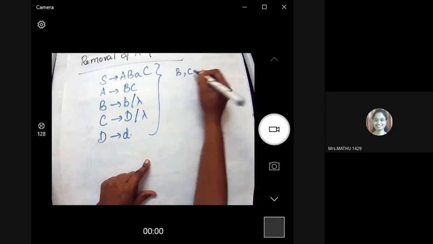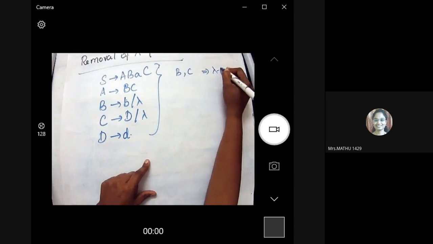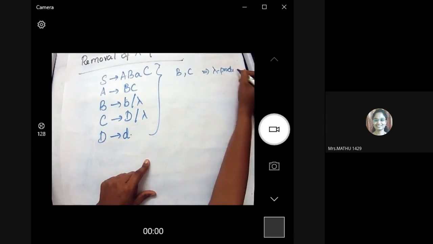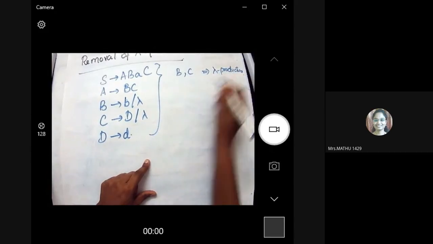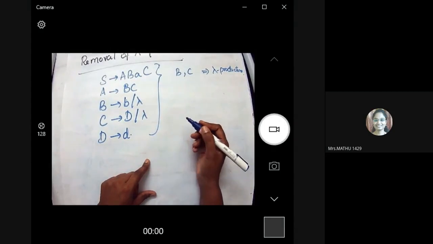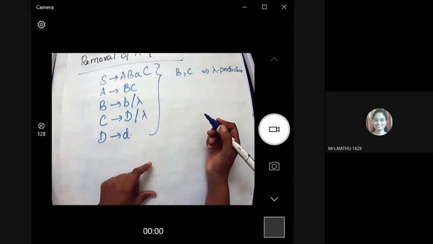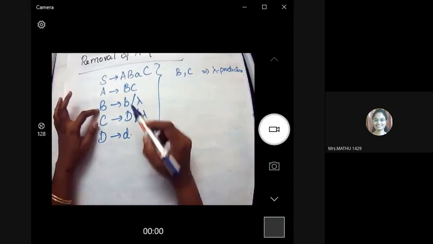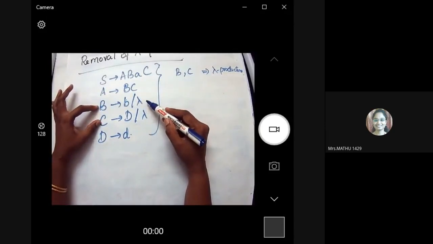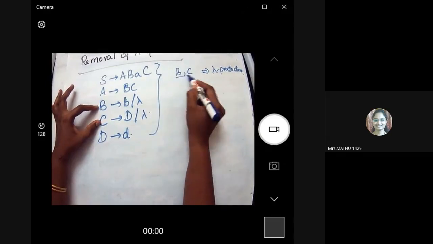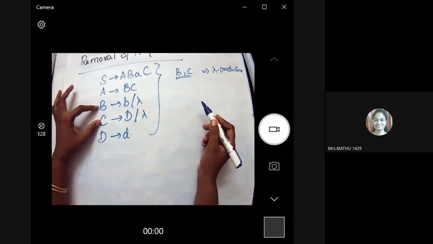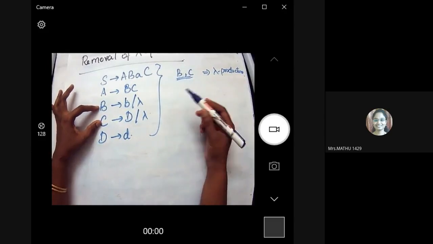So B and C are the lambda productions here. And one more thing I told you about is the nullable variable. These two are explicitly seen, because we have lambda on the right hand side of the production, so we were able to say that B and C are lambda productions. So B and C are nullable variables.